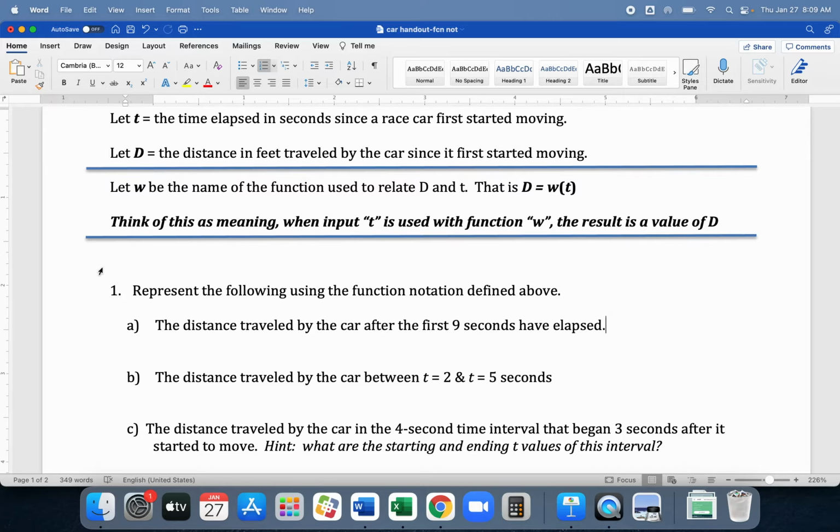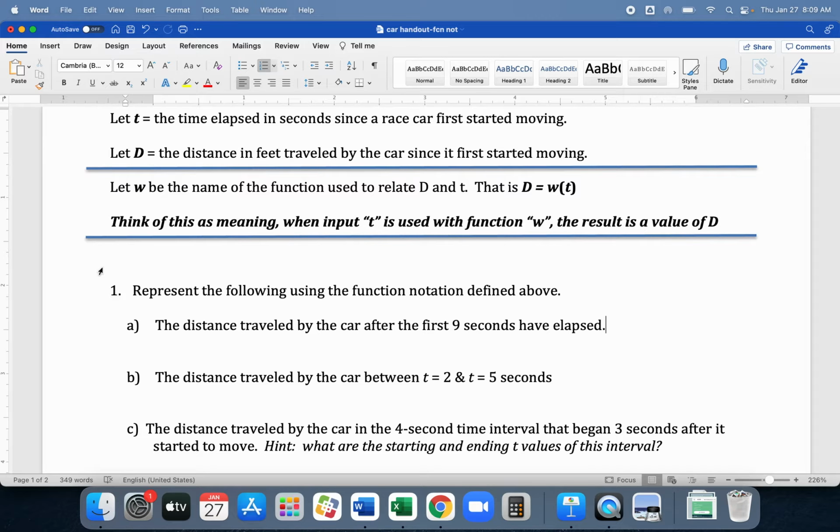I'm going to have to scroll past that to see all the rest of this slide, so you might want to jot this down. Let t be the time elapsed, this time in seconds, not in minutes like the motorcycle. So t is the time elapsed in seconds since a race car first started moving. Let's say that d is the distance in feet traveled by the car since it first started moving.